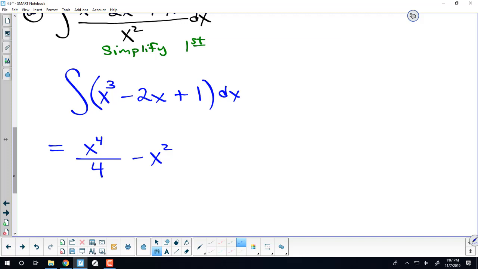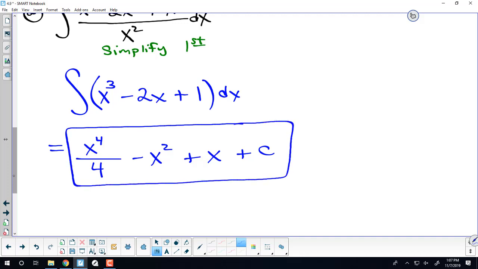And the antiderivative of 1 is x. So that's like x to the 0. And then the antiderivative involves some arbitrary constant. So just try to remember that. Does anyone have any questions at this point?